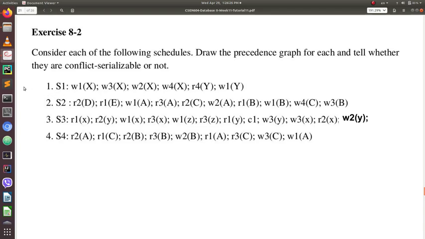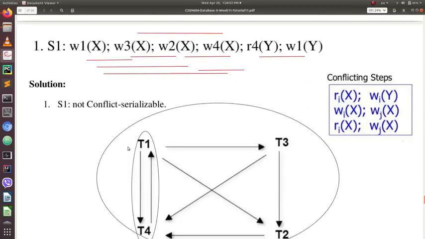So for each sequence of steps, we need to draw the graph and check if it contains a cycle or not. If it contains a cycle, then this sequence of steps is not conflict serializable. And if the graph contains no cycles, then this sequence of steps is conflict serializable. So let's solve the first one.